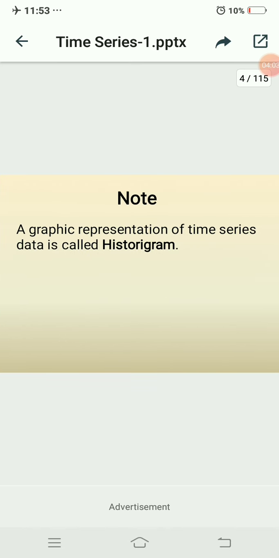Next comes: the graphic representation of time series data is called a histogram. You have already studied the histogram. A histogram means we represent the data with rectangular shapes, a rectangular shape graph. But here, we are not using rectangles; we are using a dotted line.